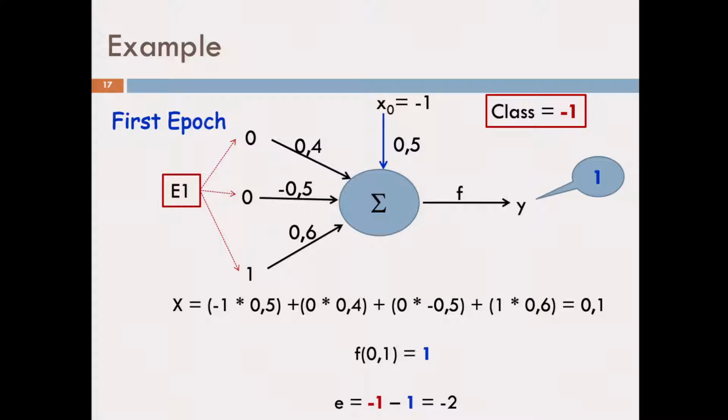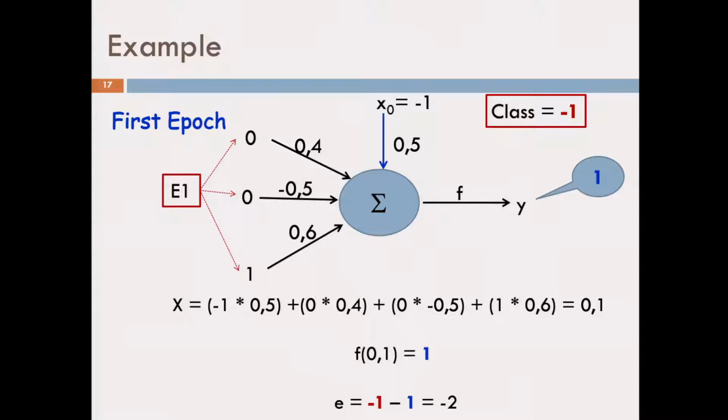And you have an output, 0.1. This output is given to the sign function, that we call here the activation function. So the activation function gives the output of the neuron. In this case, it is 1, because the sign of 0.1 is positive, this is a positive number.